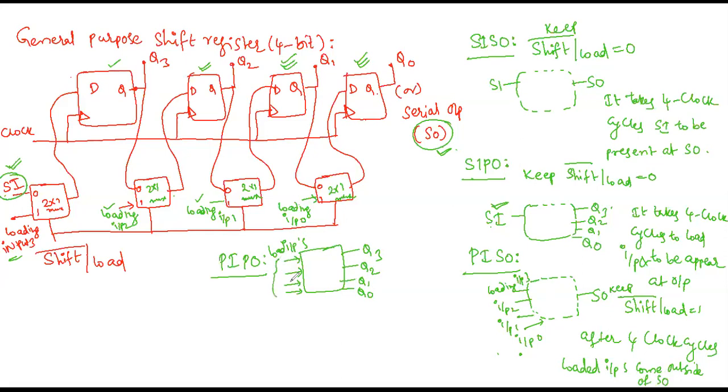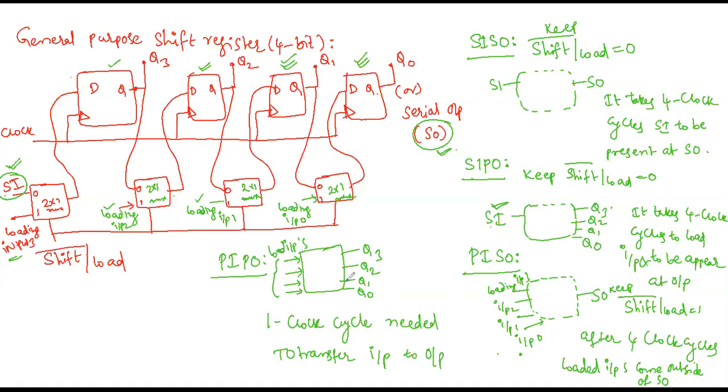Now, in this case, you are giving 4 inputs and at the same time getting 4 outputs. So one clock cycle is enough to get all loaded input values at the output. To transfer input to output, we need just one clock cycle.